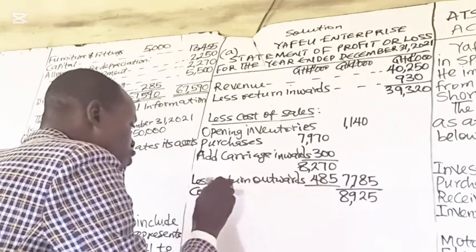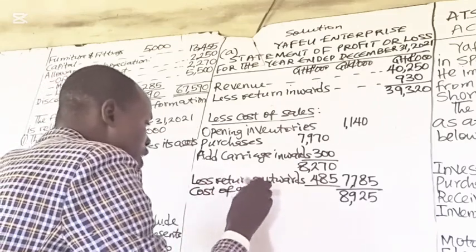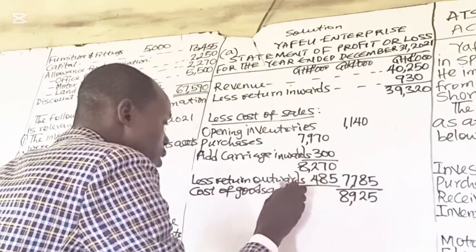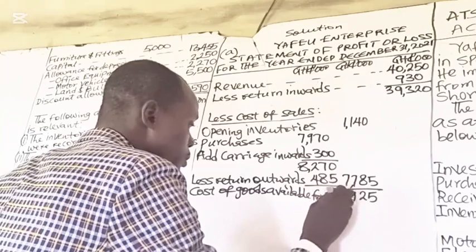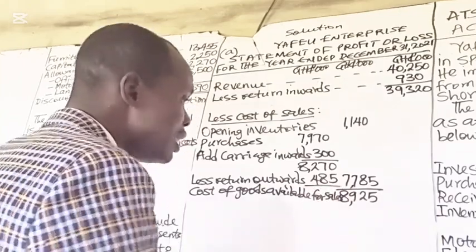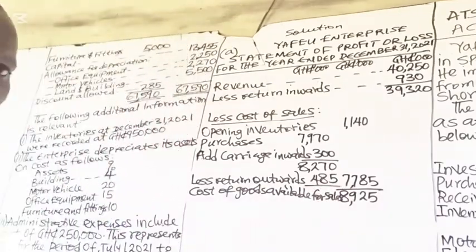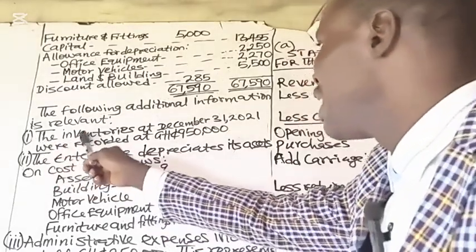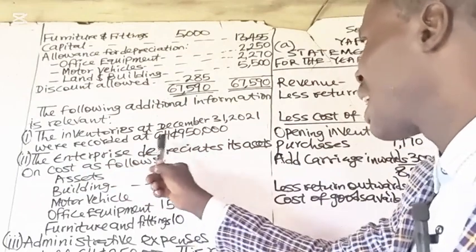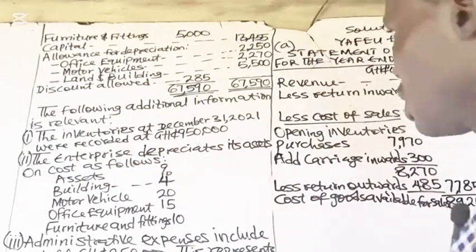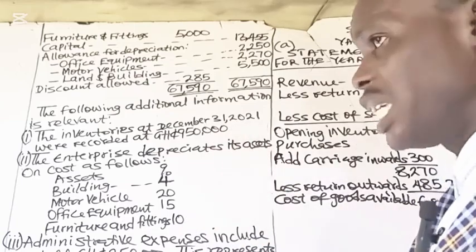Cost of goods available for sales. Now from this, you deduct your closing inventories. If you go through note 1, you have the inventories at December 31st, 2021 recorded at 950,000 Ghana cedis. December 31st is the year end.